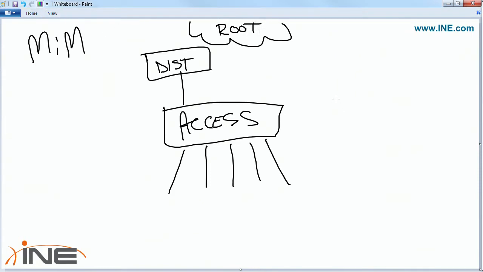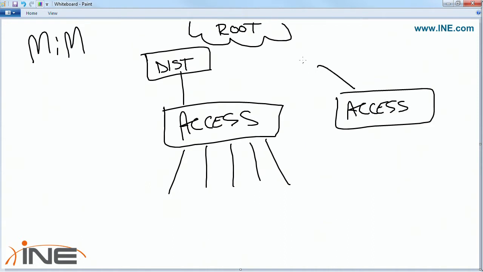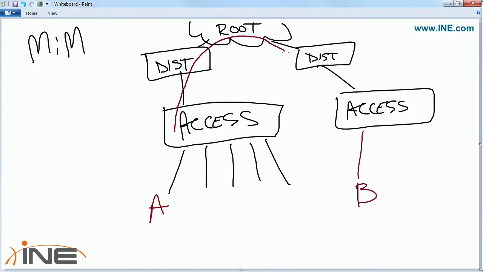If I'm trying to go from one switch to another, I have to go up towards the root, because that's how the root ports are formed. That's how the tree is formed. If I have a host A over here trying to reach B over here, the traffic flow is going to look something like this. It has to go up to the root and down.